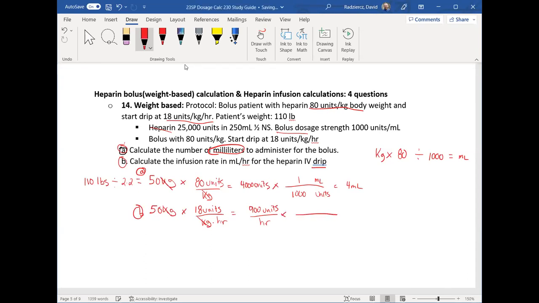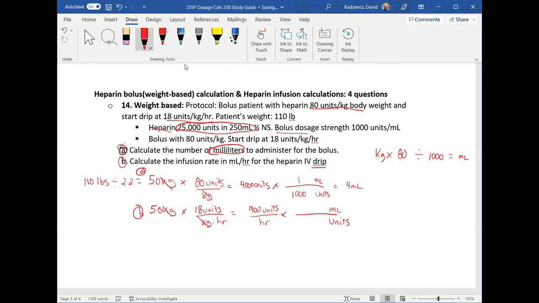Do I know how to convert units per hour to milliliters per hour now? Yes. And with practice, you'll get there too. But my numbers are going to be a little bit different. It's not written in the context, it's written in what my availables are. So my availables are 25,000 units in 250 milliliters half normal saline.